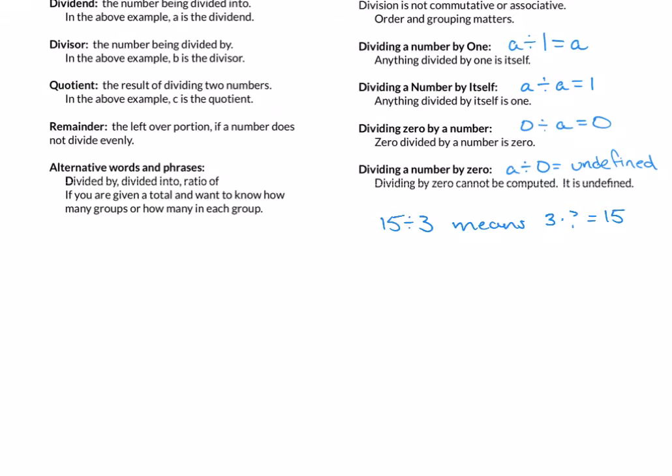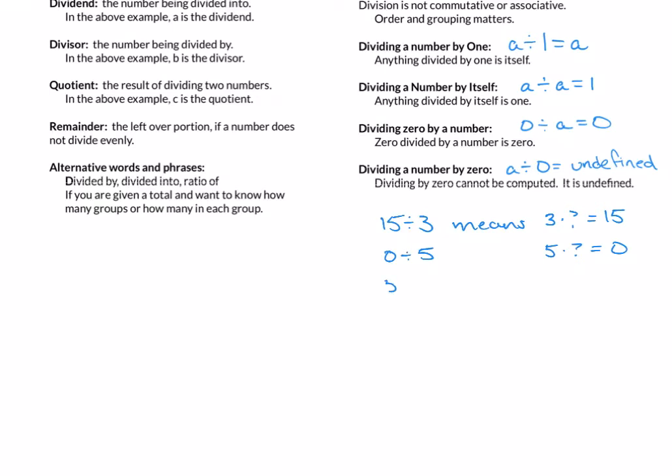So kind of using that same setup, if I look at something like 0 divided by 5, what this means is 5 times what equals 0. And we can multiply 5 by something in order to get 0, and that is 0.